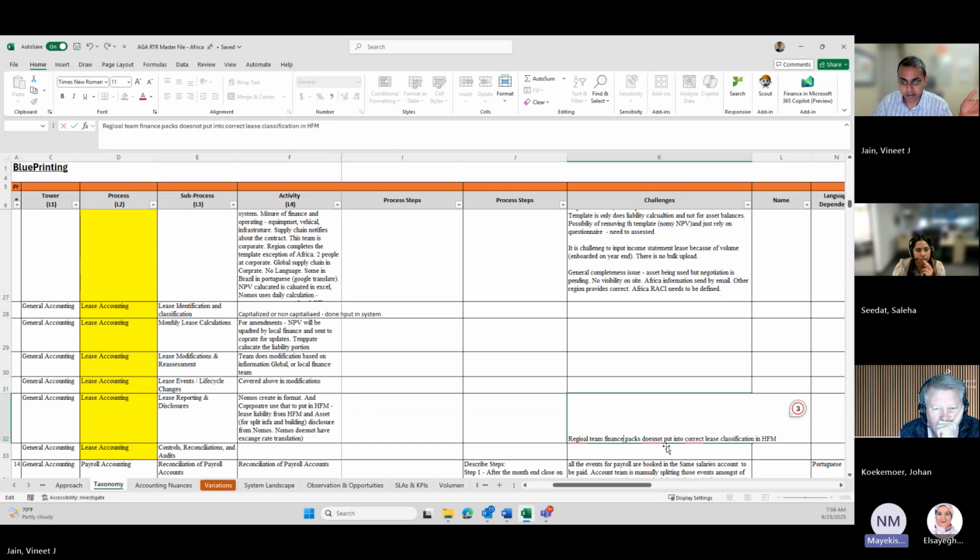When you onboard the lease in NOMOS, you can choose the asset classification. Now, the issue comes that once they've processed their journals, I'm not sure where in the process the breakdown is, but they aren't then able to split the categories correctly in the HFM pack.